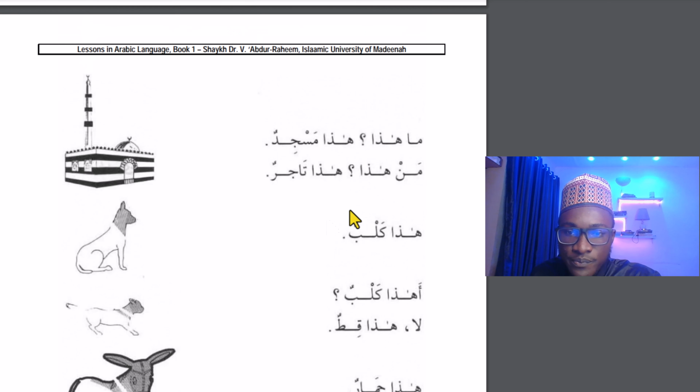Now moving on. Ma hadha, as you can see, may Almighty Allah put barakah in the affairs of the mu'allif, he brought back this ma for you to know that it is different from man. He said ma hadha, what is this? Hadha masjidun, this is a mosque.